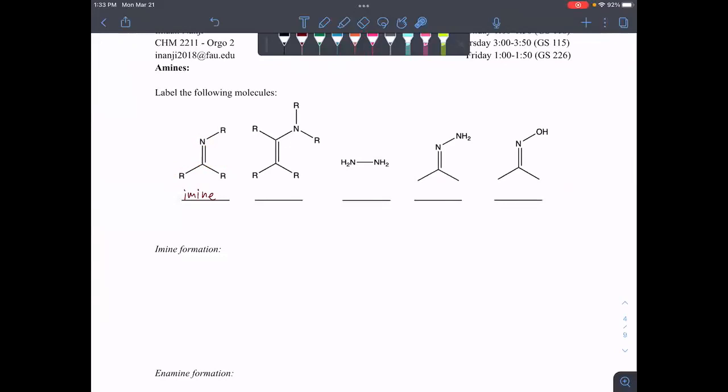If the N has a hydrogen, it's still an imine. If that NH is arranged in this structure, you call it an imine. I think it still counts as an amine though, because it's the nitrogen.